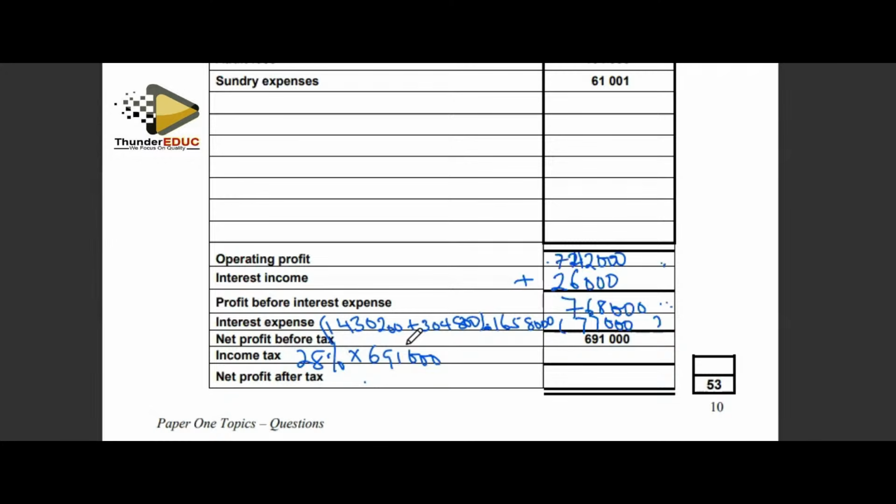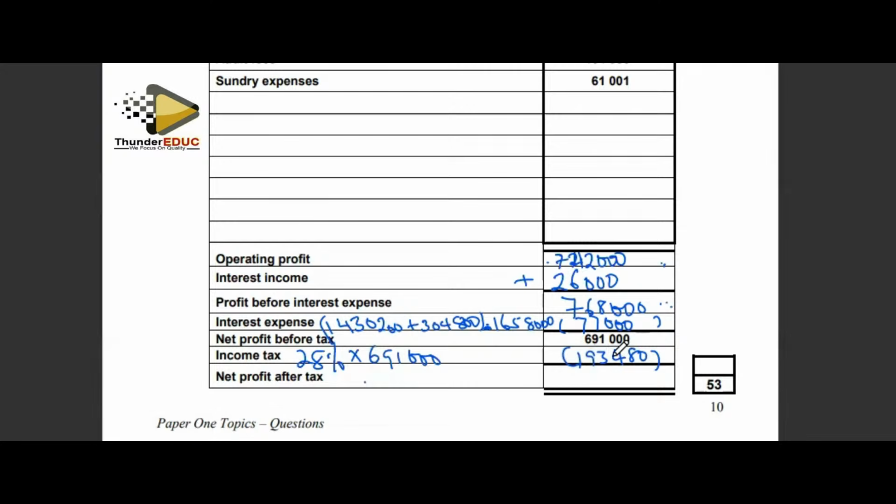So how much do you get times 28%? I'm getting the income tax expense as 193,480. Remember, this is income tax expense.